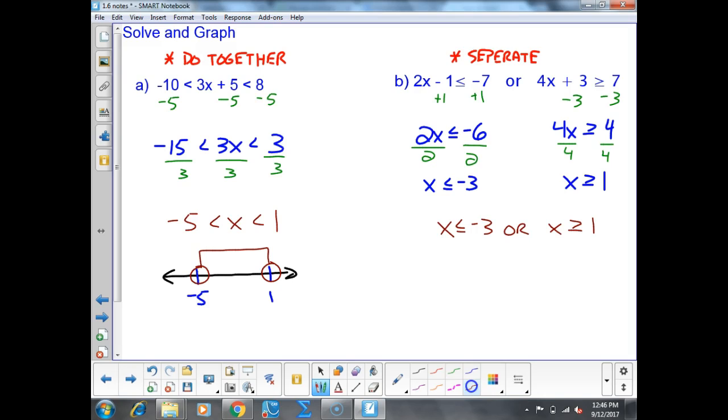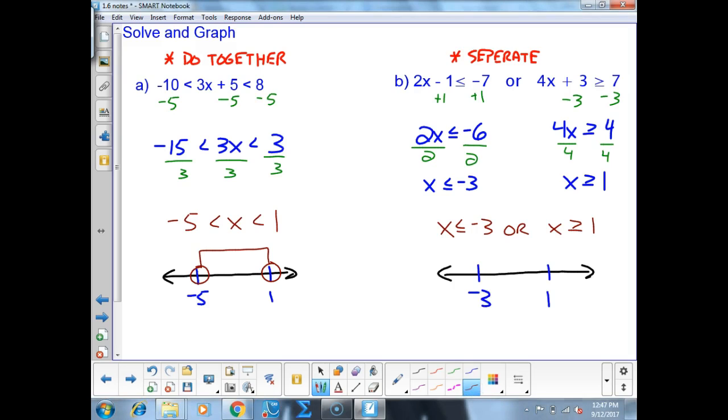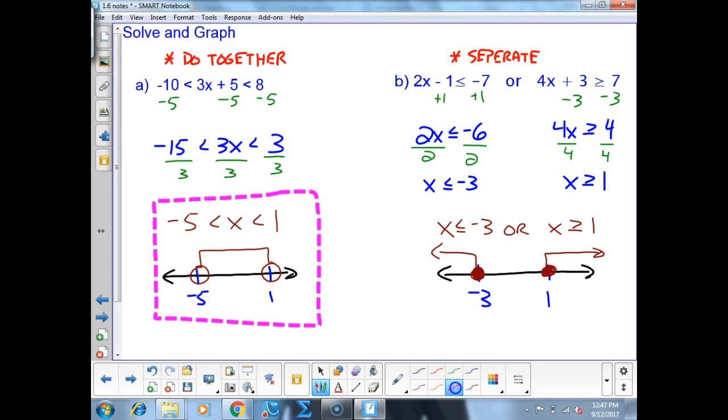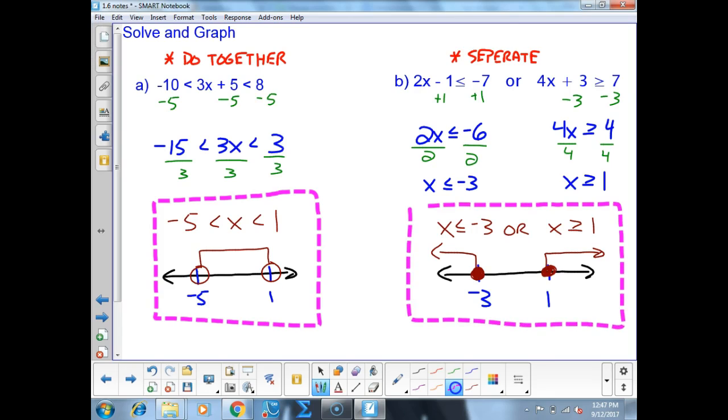On a number line, negative 3, positive 1, filled in dot at negative 3 going to the left, filled in dot at positive 1 going to the right. Questions on those?